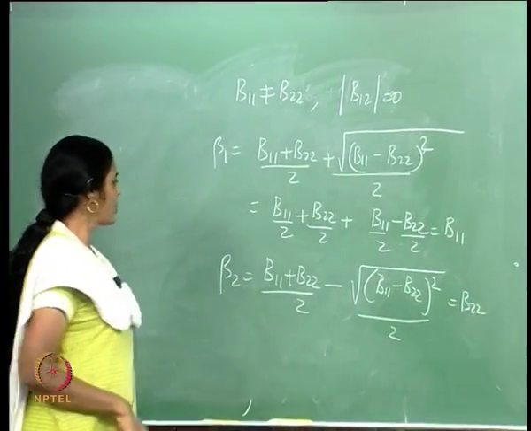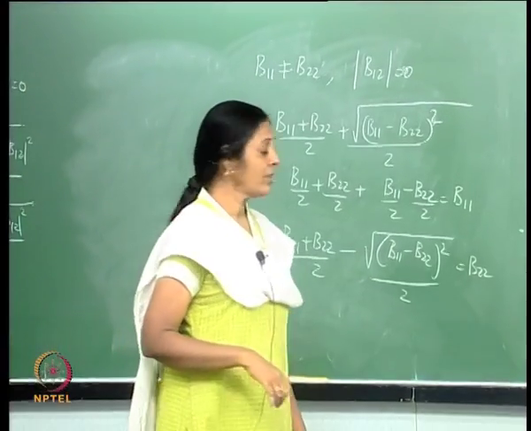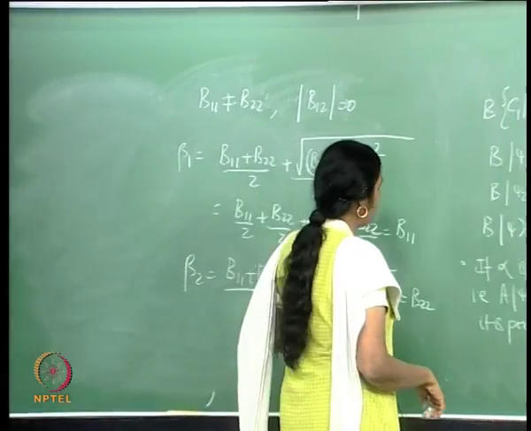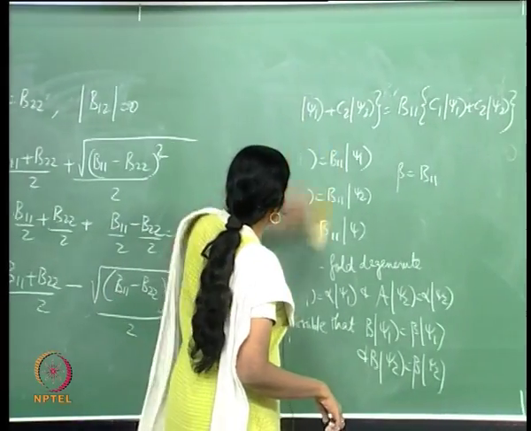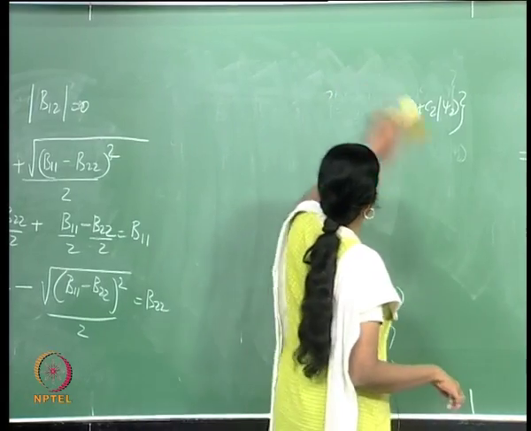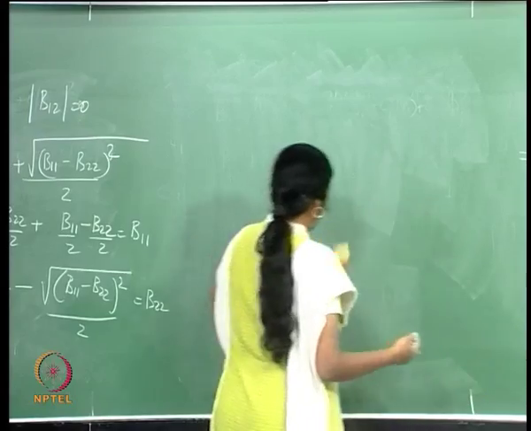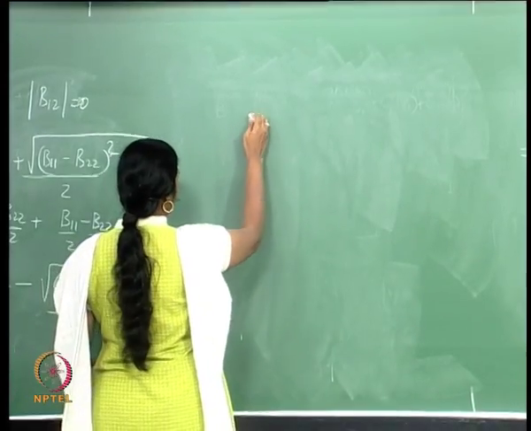So, I have two roots, beta 1 is equal to B11 and beta 2 is equal to B22. What does that mean? It means the following, that there are two eigenvalues.